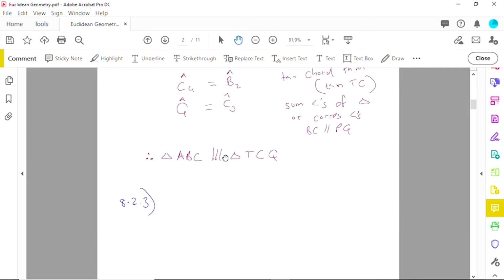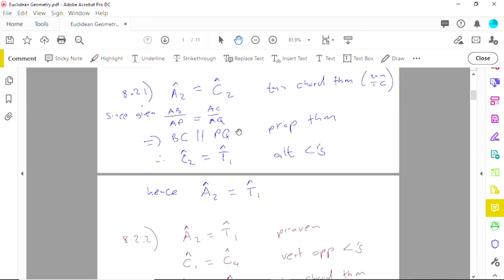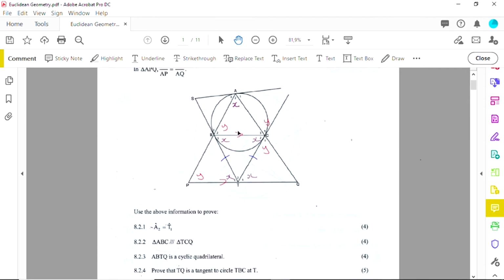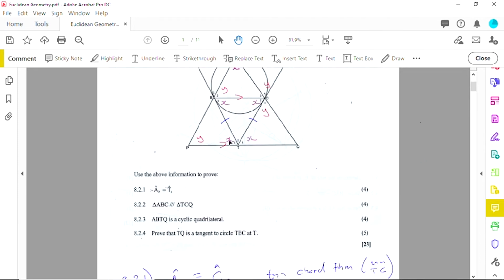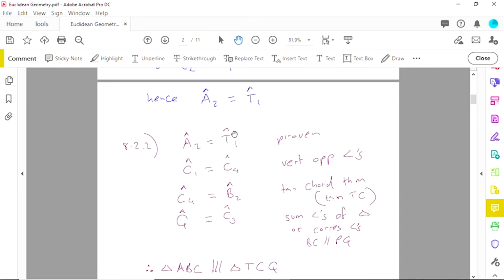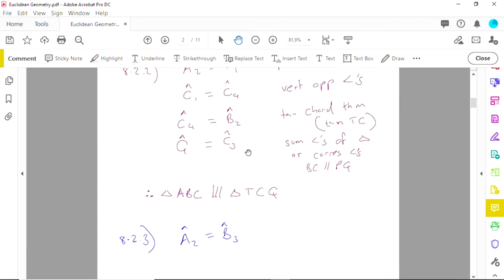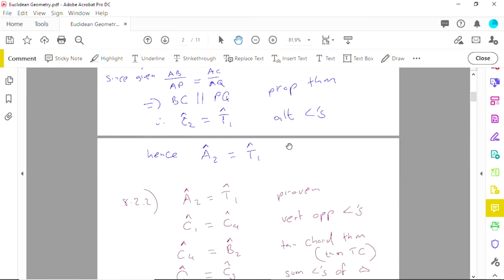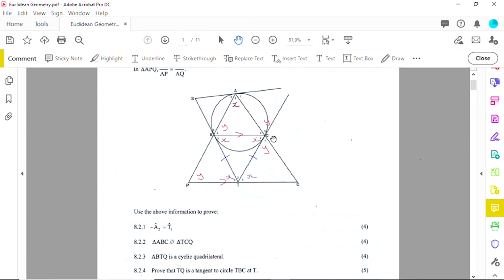Nope, we have not. So we can write it down. So we have A2 is equal to B3. Had we written it down somewhere here, we would have just said proven, but we have not written it down, so we need to state why these are the same. So we said they are the same because of the tan chord theorem.